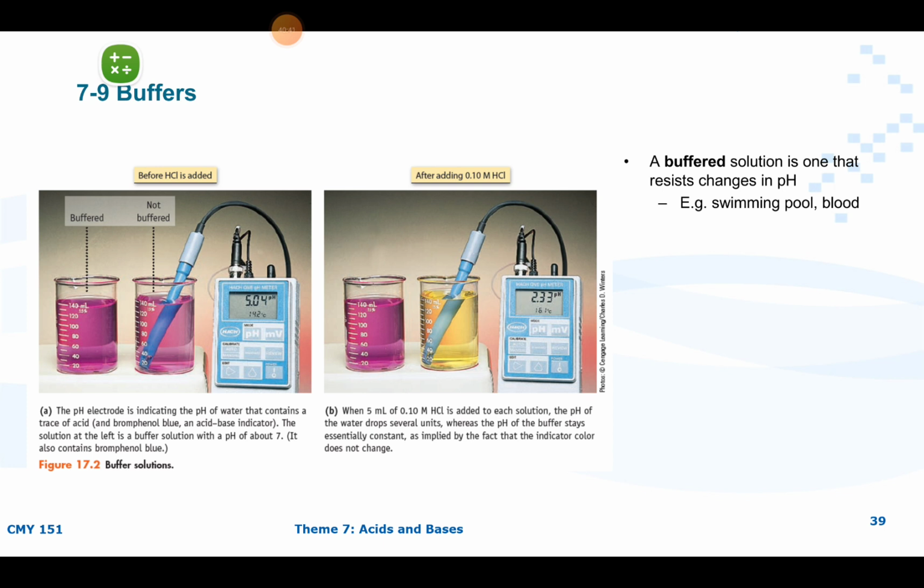They don't want this and this and this for the subsequent courses, but the one thing we can't skimp on, or can't really remove, is buffers. The reason for that, I mentioned it at the beginning of theme 7 as well, is all biological systems happen at specific pHs, whether that's neutral for most of the body or certain areas or even certain organelles within a cell might have very different pH ranges. There's even places where, for instance, close to the cell membrane, we actually have a pH difference. On the outside of the cell, there's I think a basic pH, and the inside of the cell is an acidic pH. So all of this needs to be controlled.